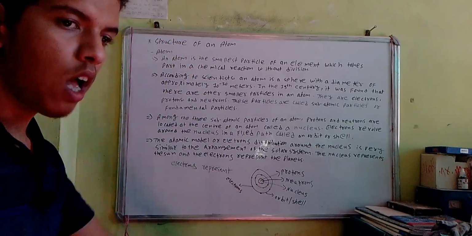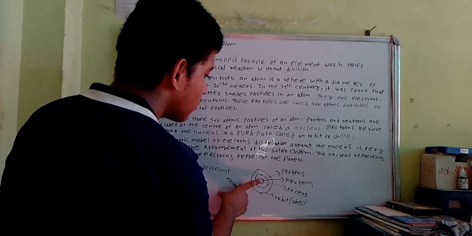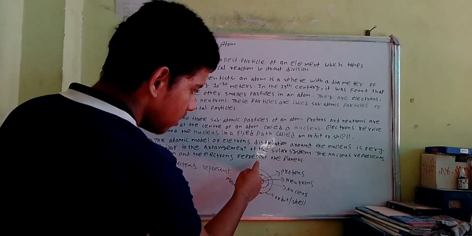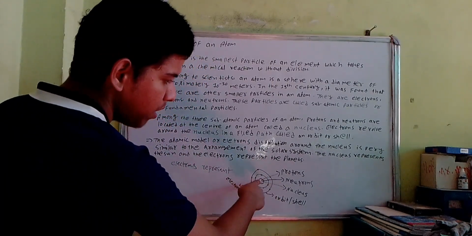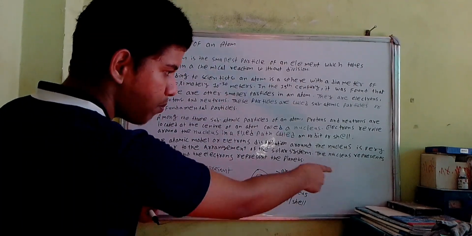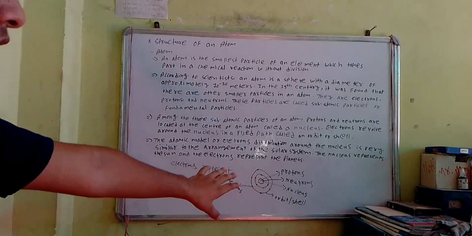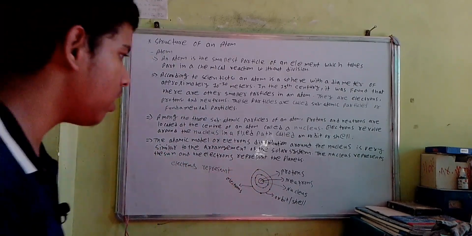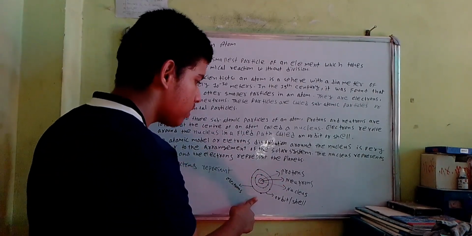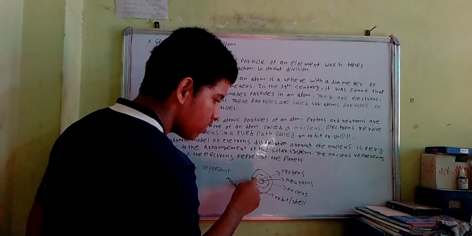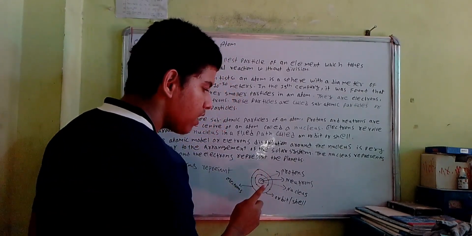In the solar system, the main center is what? Sun, and planets revolve around the sun. Same thing over here. The atomic model represents the solar system. This nucleus is the sun, and the electrons revolve in a fixed path called orbit or shell, like a planet.